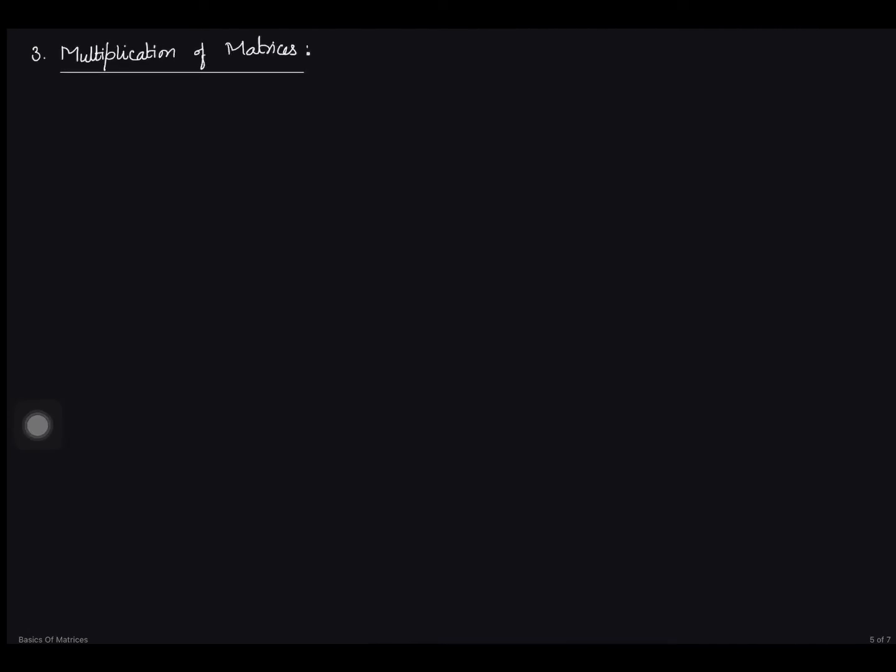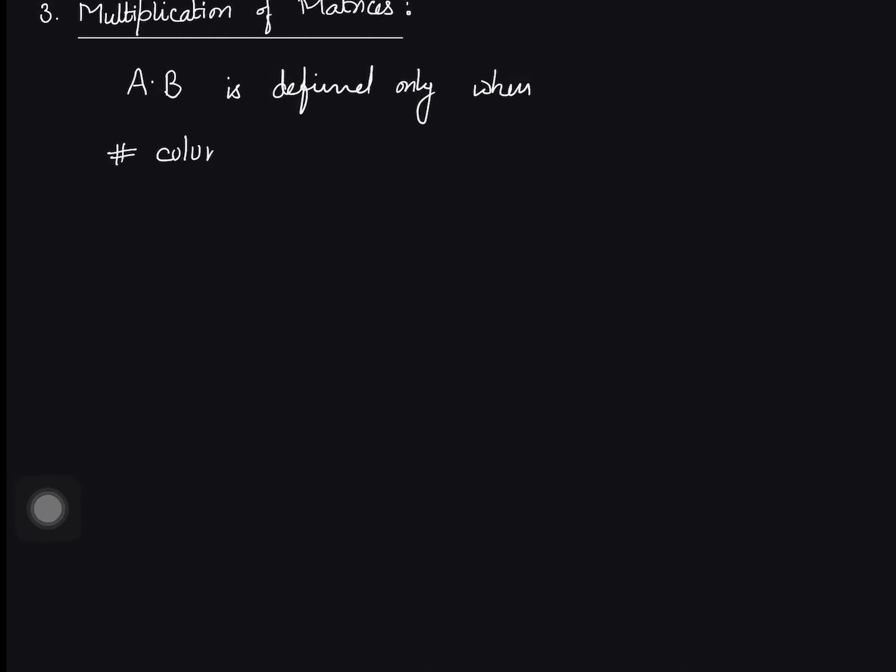Now multiplication of matrices. So the product of two matrices A and B is defined only when number of columns in the first matrix is same as number of rows in the second matrix.